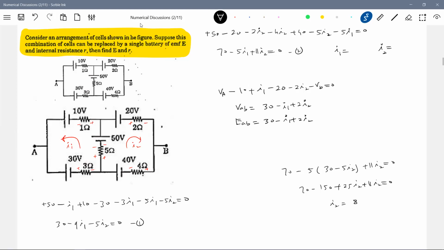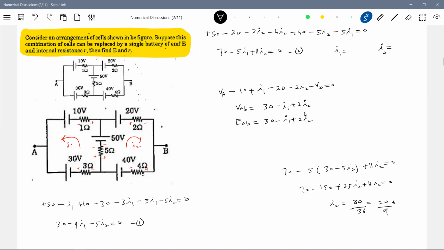So I2 is equal to 80 by 36, and I think 20 by 9 will come. Am I right? 20 by 9 ampere. Okay, there's the value of I2.